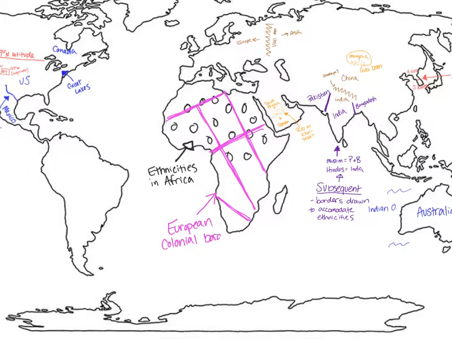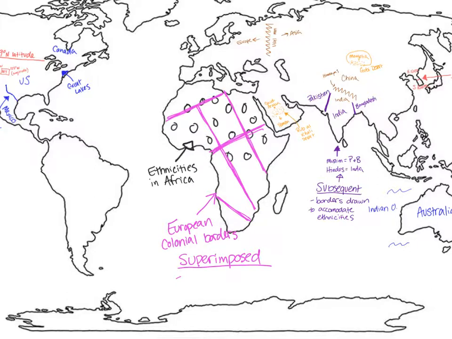Colonial borders. All right, and we have another term that goes along with this, like we had with subsequent. Now we have superimposed. Superimposed boundaries are just borders that are drawn over existing borders, okay?